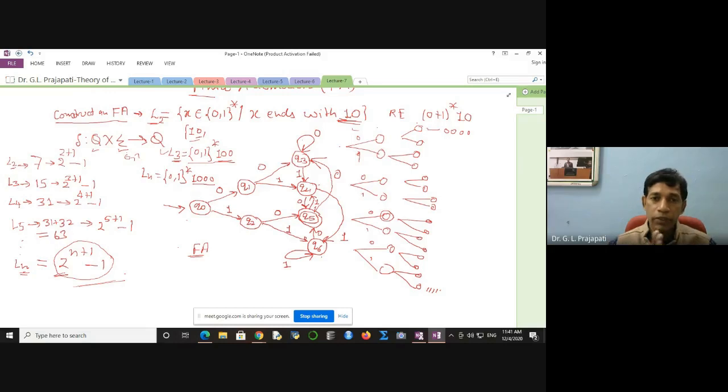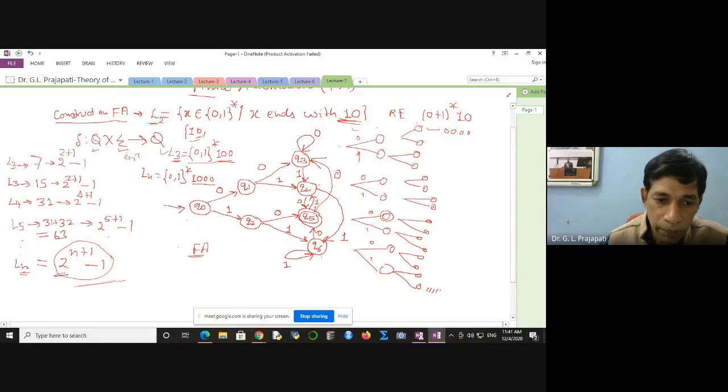So the question is, is there any other way to construct the FA so that we can take fewer states as compared with this? What is our objective? Whenever you are constructing the FA for any given language, we need to think of the FA that has the smallest number of states.